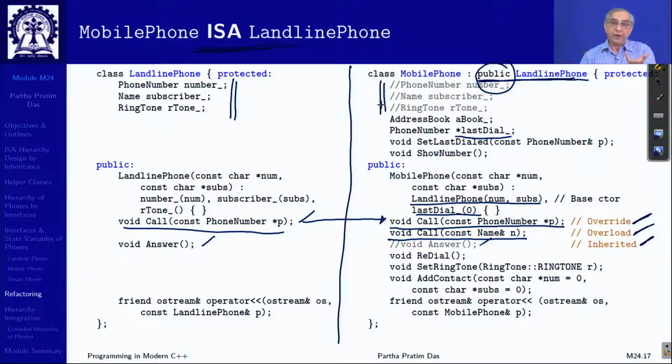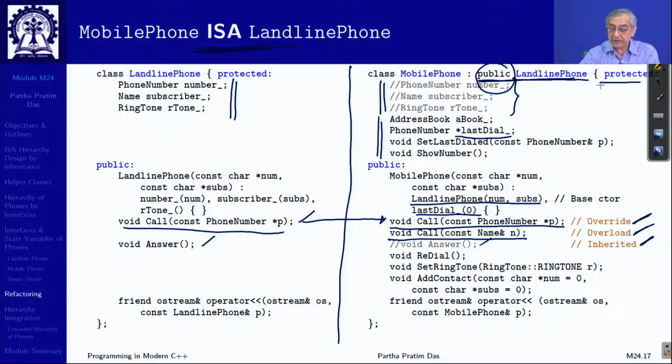So, when I create a mobile phone, I will create a landline phone object as a part of it in the base, which will have the phone number, subscriber and ringtone for the mobile phone object that I am creating. So, I basically will omit these data members. So, that is why I have commented them out. Rest of the data members naturally are new to mobile phone and will have to be included.